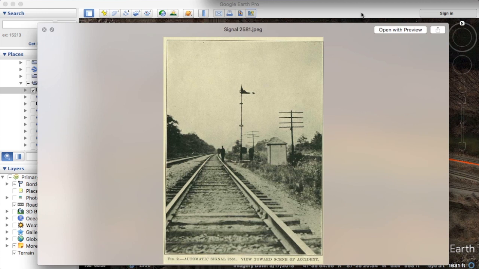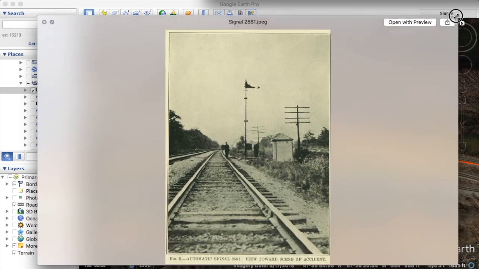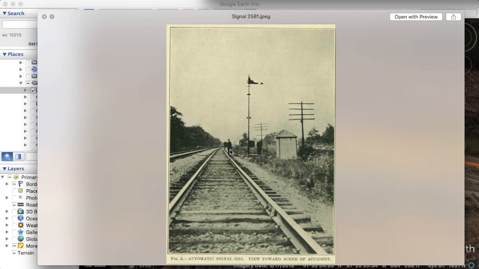The signal was working properly. It displayed a red aspect when it should have. Alonzo Sargent just simply didn't see it. You can also see a train down there on the track, but I'm not sure if that's a troop train or what. Really not sure.